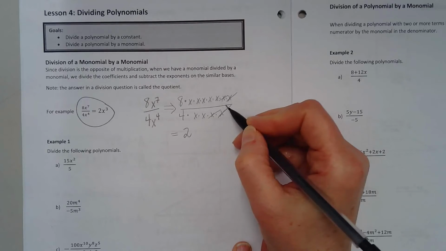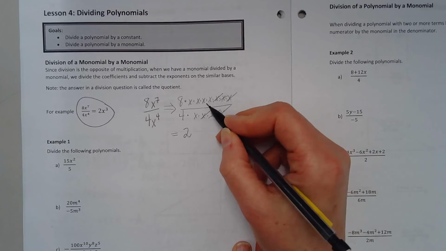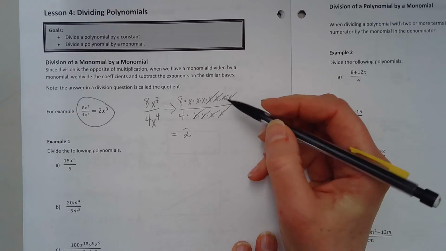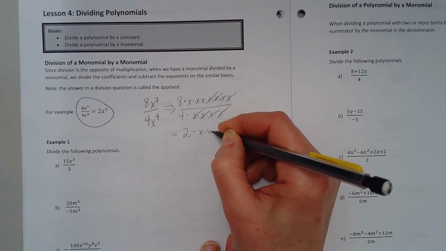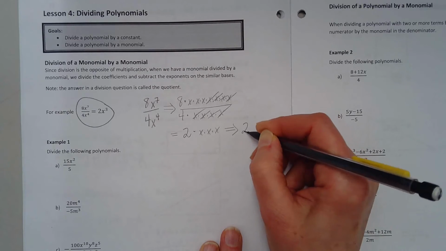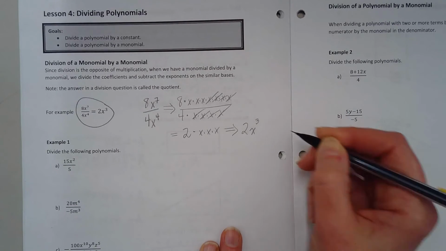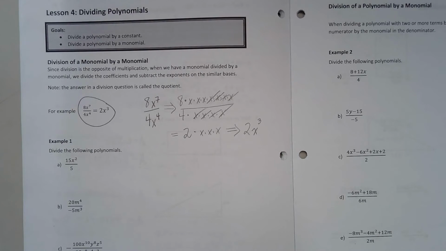X over x is another 1, x over x is another 1, x divided by x cancels to 1. So what am I left with? 2 times x times x times x, or I would write that as 2x cubed. That's why when we're dividing the same base variable, we just subtract the exponents.